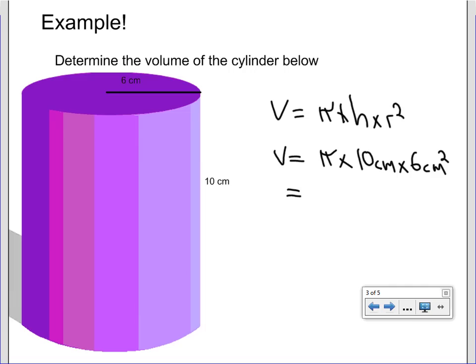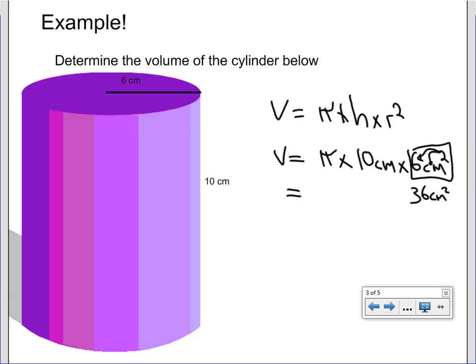So pi times 10 times 6 squared. One of the things we might want to do here is make this into a number first. When we square 6 centimeters, we actually get 36 centimeters squared, because the square has to apply to the centimeters as well as the 6.